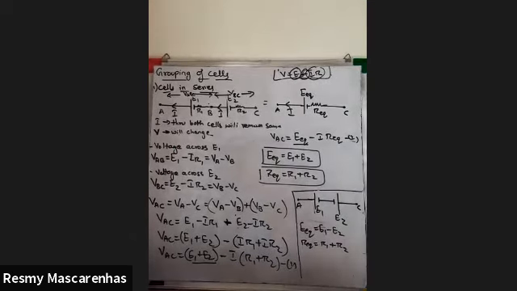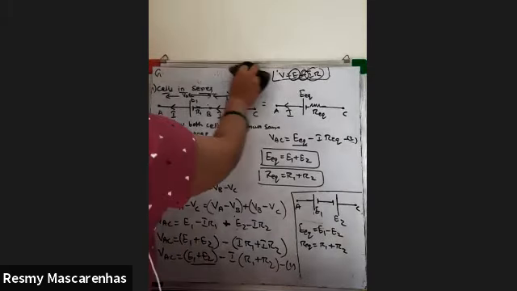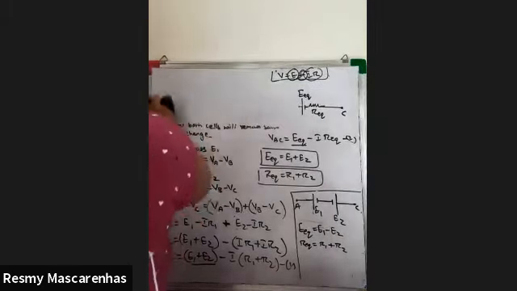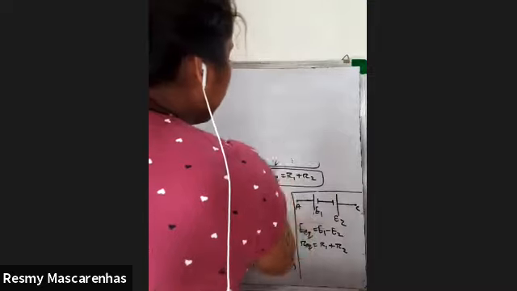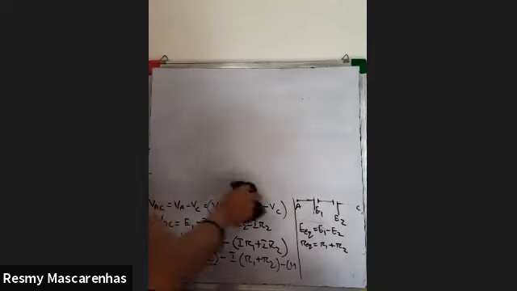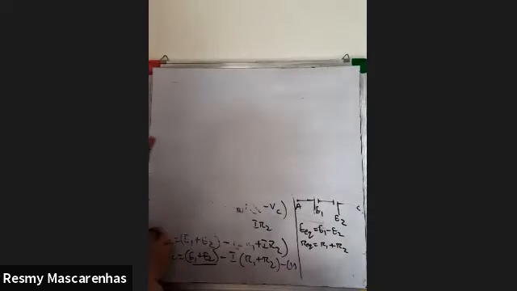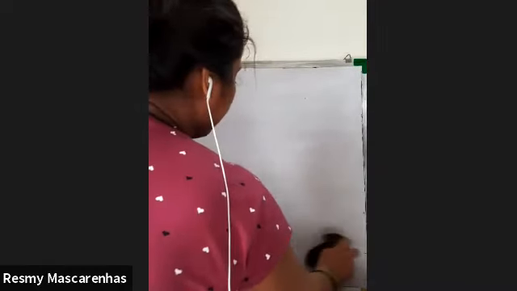Write down some points. If n identical cells, small n, identical cells means their EMF is the same.